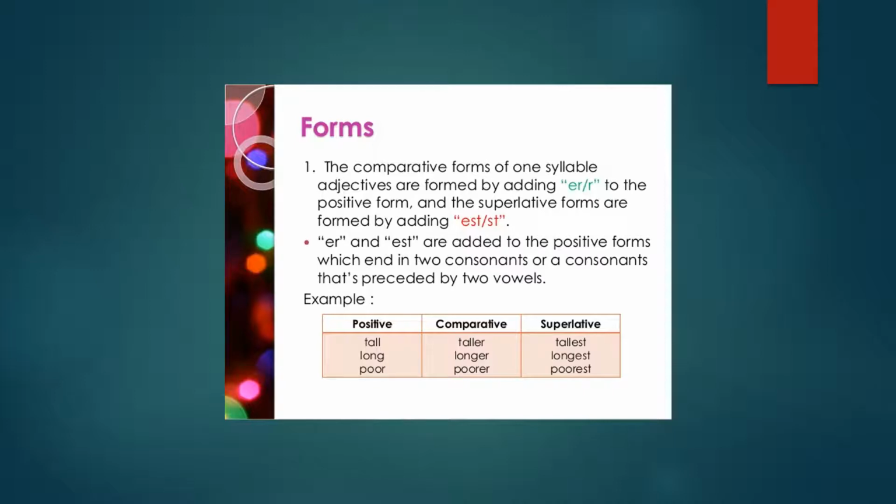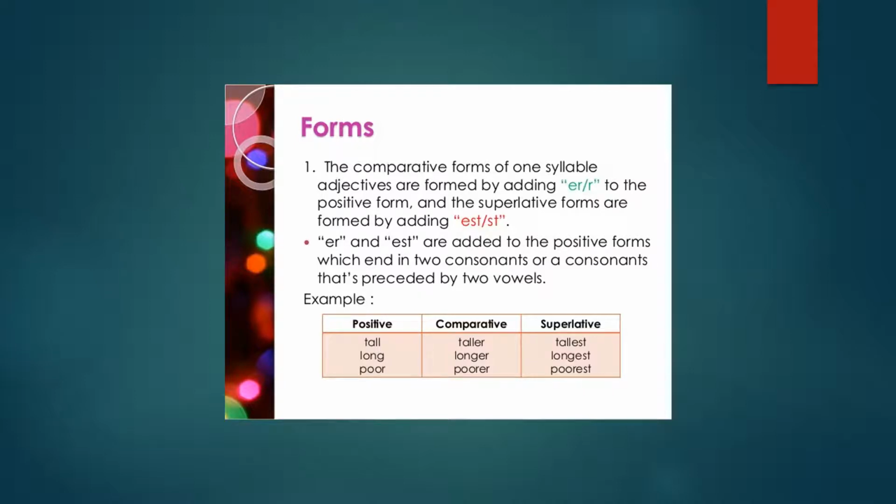The comparative forms of one syllable adjectives are formed by adding er or r to the positive form, and the superlative forms are formed by adding est or st. Er and est are added to the positive forms which end in two consonants, or a consonant that is preceded by two vowels.